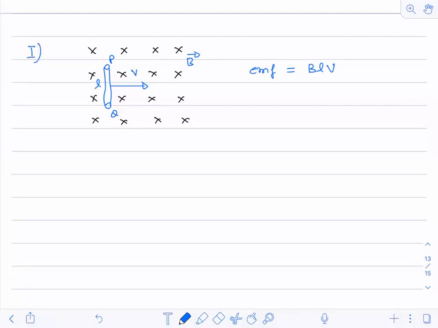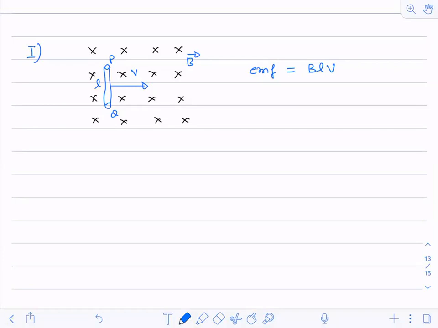Suppose the rod is exactly perpendicular. Just visualize one thing: from one face of the wall, the magnetic field lines originate and move onto the opposite face. Two walls of the room in which you are sitting, just see them.